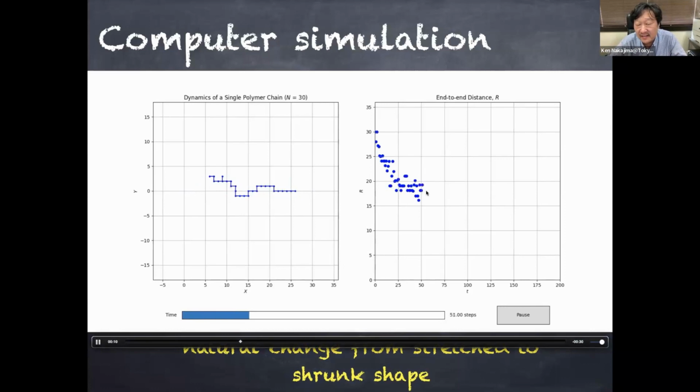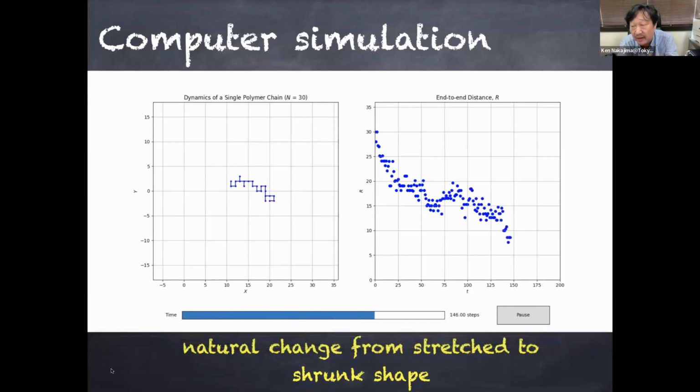The right-hand side is the distance between the two ends, and it's decreasing, getting back to the equilibrium length. And in this computer simulation, I just gave a very simple rule.